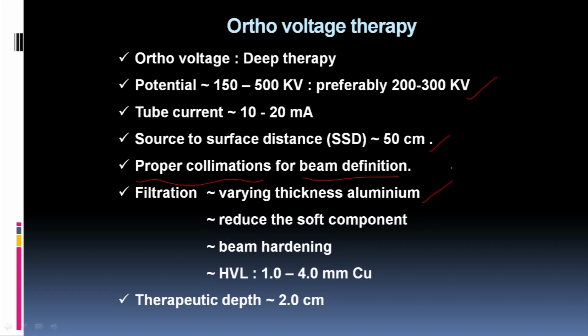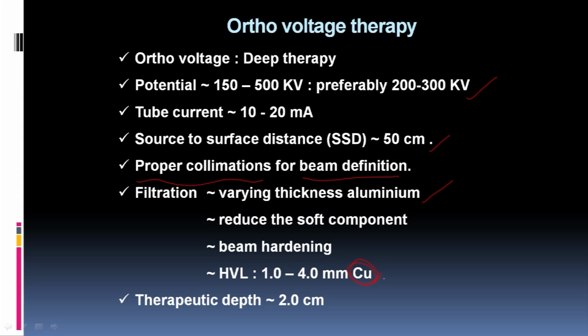Certainly the thickness is higher than the contact therapy and superficial therapy. They reduce the soft component and harden the beam to achieve 1 to 4 millimeter of copper. In the last 2 or 3 types of filtration we use the HVL of aluminium.